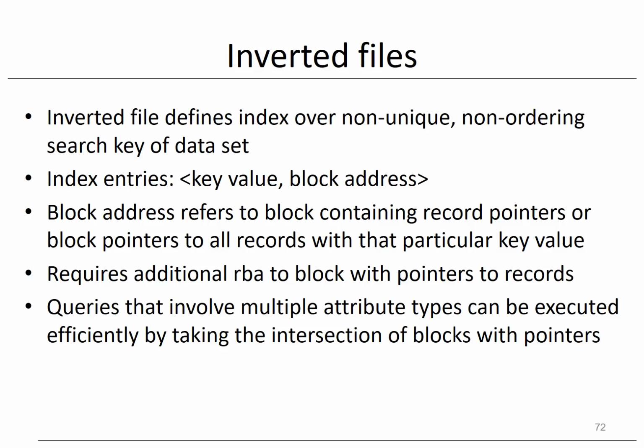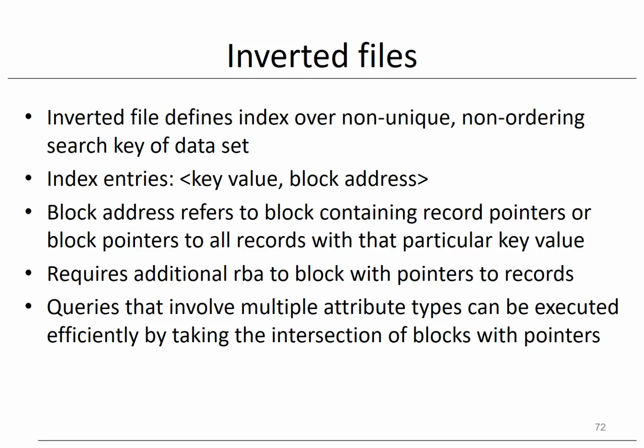An inverted file defines an index over a non-unique, non-ordering search key of a dataset. There is one index entry per key value, and hence each entry may refer to multiple records with the same key value. The index entries have the following format: key value and block address. The block address refers to a block containing record pointers or block pointers to all records with that particular key value.